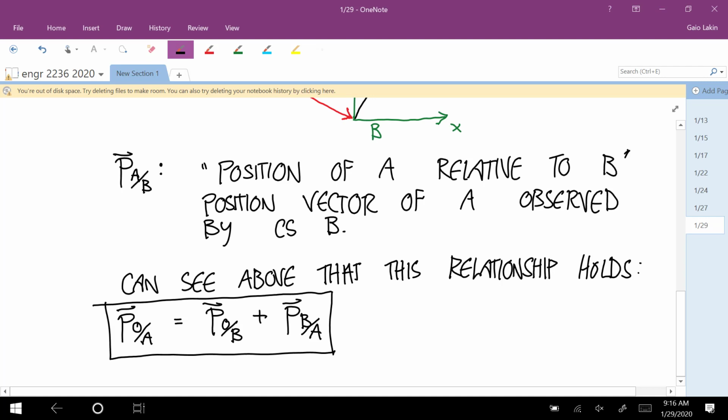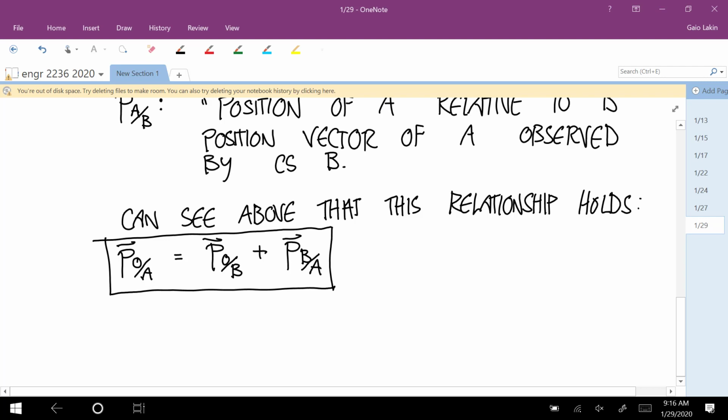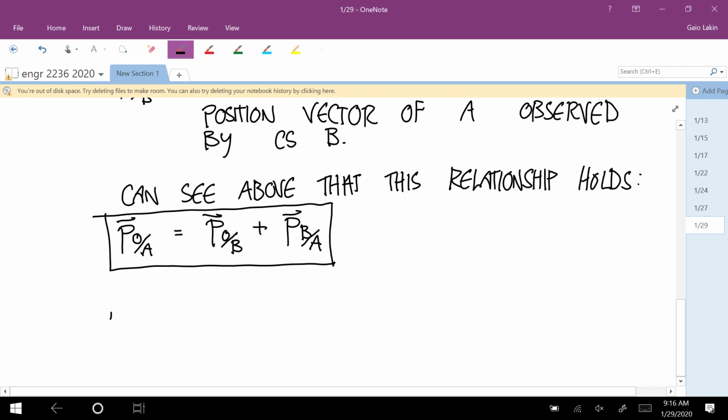Well, you can think of it as vector addition. It's pretty easy to show yourself what the correct relationship is by just drawing out the vectors. But an easy memory device, because you don't always want to have to do that every time you use this, is to think of fraction multiplication.